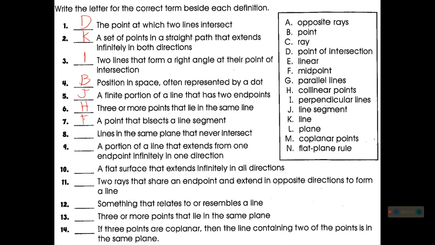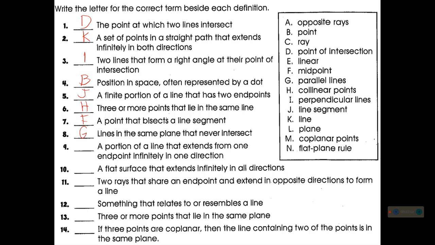So that is letter F. Next, number 8. Lines in the same plane that never intersect. What do you call those lines? That's correct. They are parallel lines. So letter G.